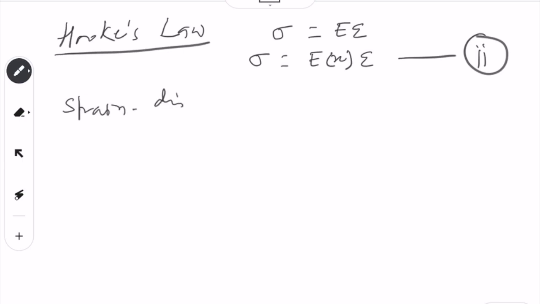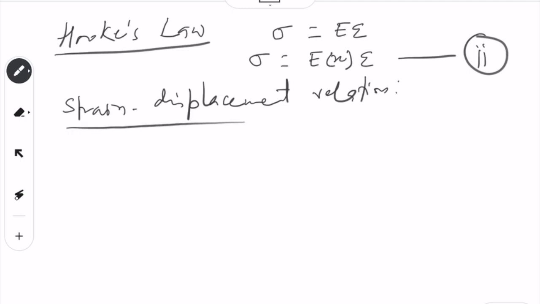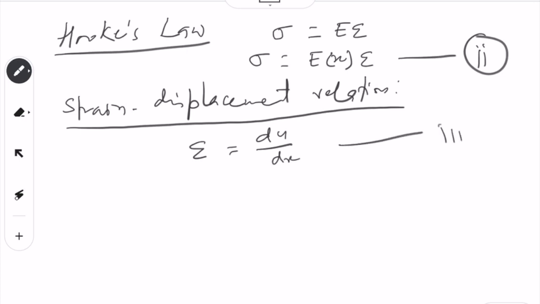Strain displacement relation. And this one will tell us that epsilon is equal to du over dx. So, this is the third one. This tells you the rate of change of displacement.